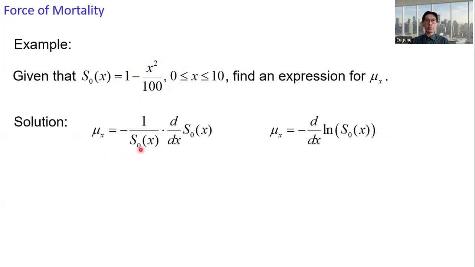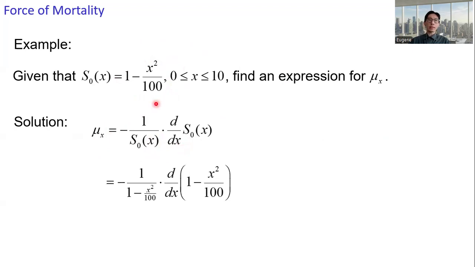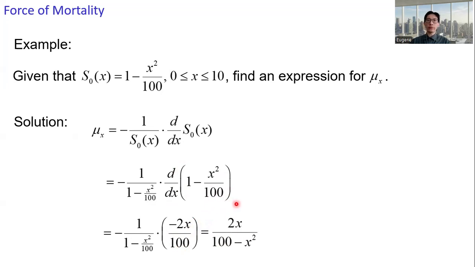Directly take the derivative of S0 with respect to x. So take the derivative of 1 minus x squared over 100 with respect to x. Then we get this expression, minus 2x over 100. And then upon simplification, we get the force of mortality, 2x over 100 minus x squared.